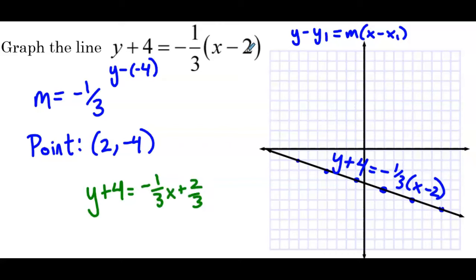I distributed the negative 1/3. Subtract 4 on both sides. We'd have y equals negative 1/3 x, and 4 is 12/3, so we'd have minus 10/3.